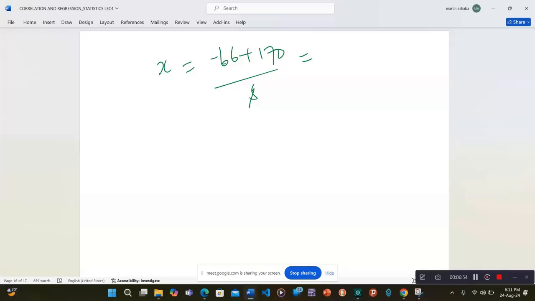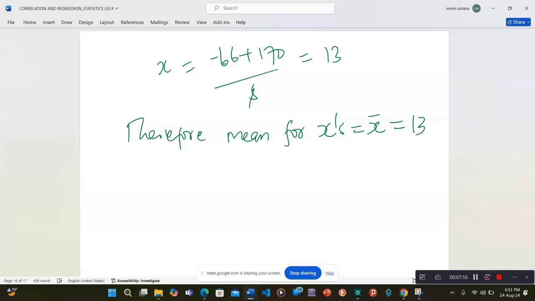So 170 minus 66 divided by 8. The answer is 13. Therefore, the mean for x's, x bar, is equal to 13, and for y's, y bar, is equal to 17.